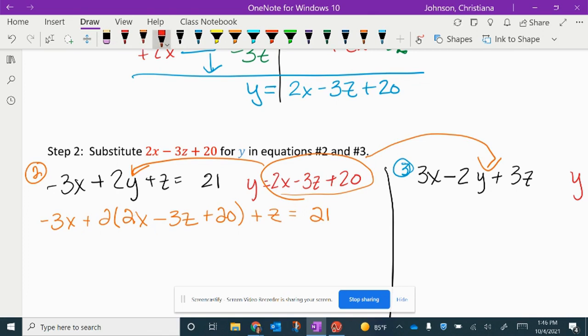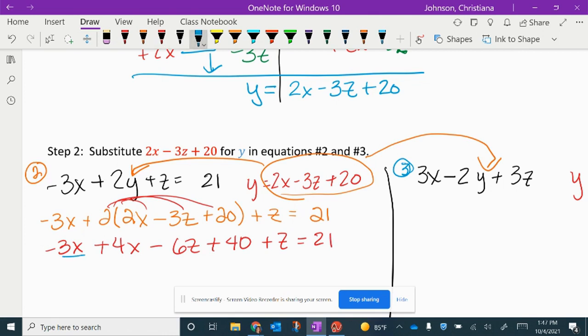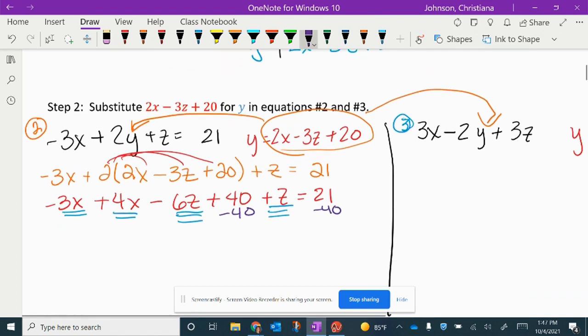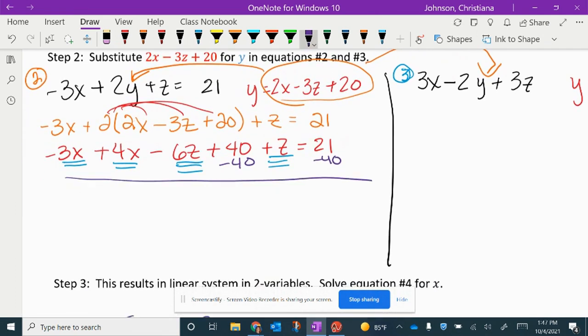Now we can use, in this case, a triple rainbow, and we get negative 3x plus 4x minus 6z plus 40 plus z is 21. And now we want to combine things that are the same. So the x's, the z's, and we can go ahead and move our 40 to combine those numbers. Okay, so that gets rid of the 40 on this side.